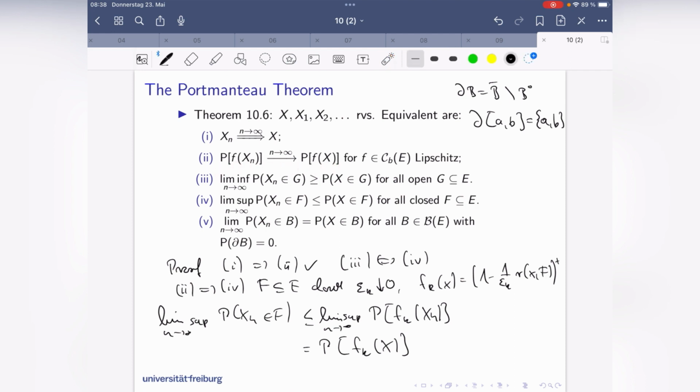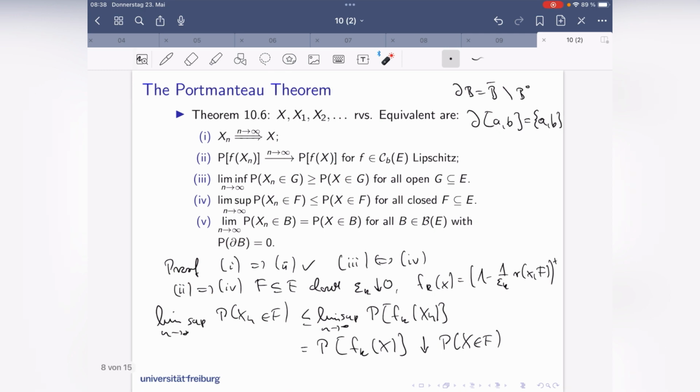And well, that holds for all k. And well, this here, if k goes to infinity by monotone convergence, goes to p of x in F, because the fk converge to the indicator of F. And I've shown my first bit of the Portmanteau theorem.